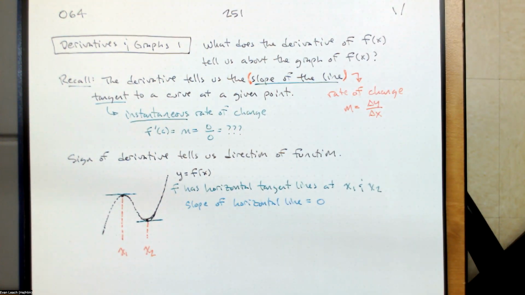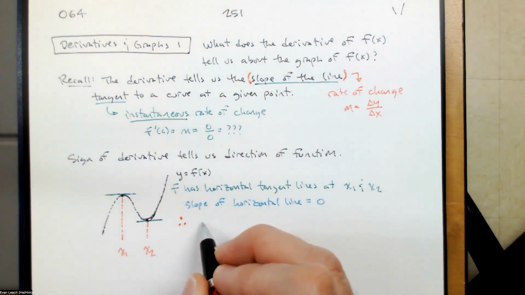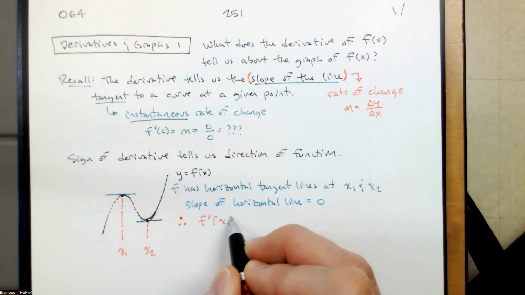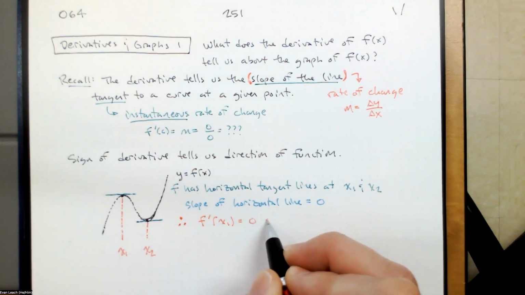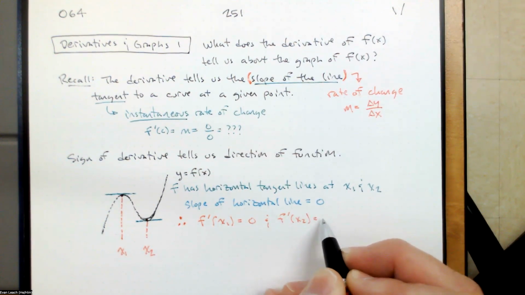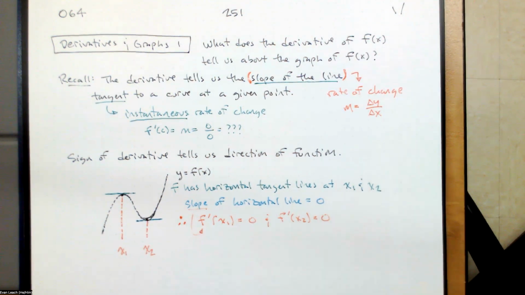So what this tells us is that the first derivative evaluated at x1 and x2 should equal 0. Slope is just the first derivative. If I evaluate the first derivative at x1, we get 0, and the first derivative evaluated at x2 is equal to 0, because slope is derivative.